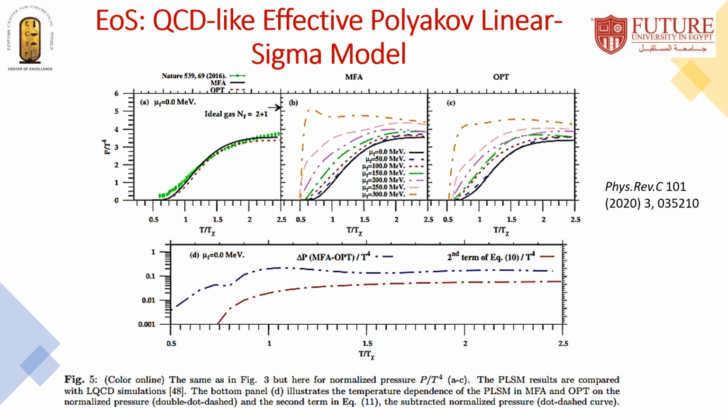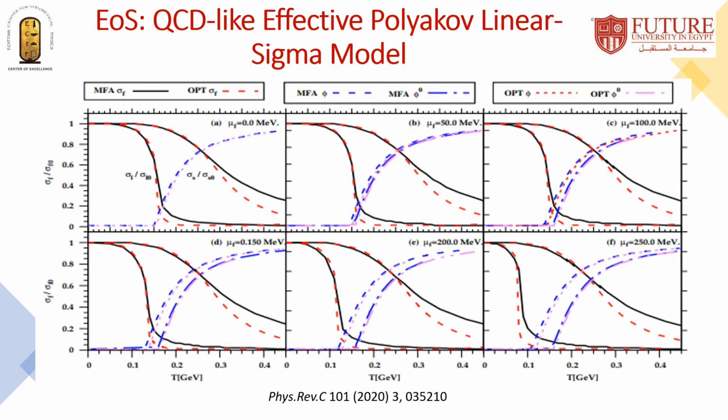You can see the rapid crossover becomes more prompt as you go to higher density. This gives us an idea that at large density, similar to the CBM, maybe we are not allowed to speak of a rapid crossover. Maybe we have some prompt phase transition.